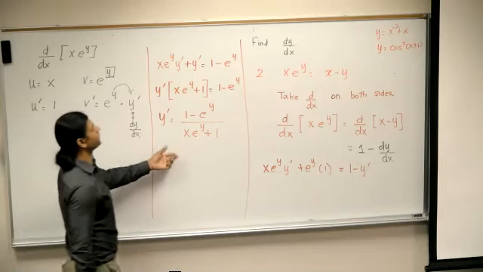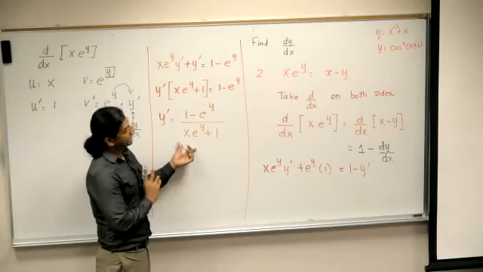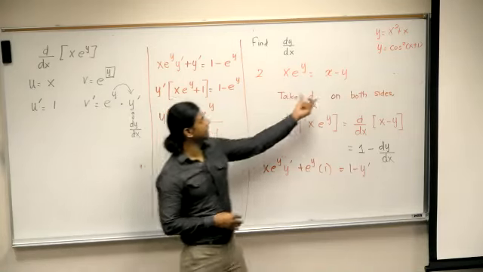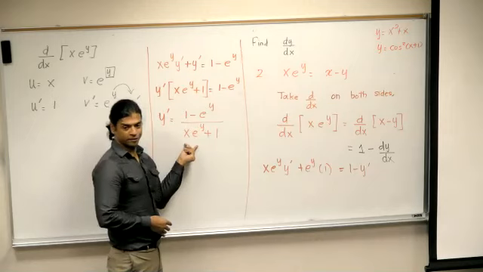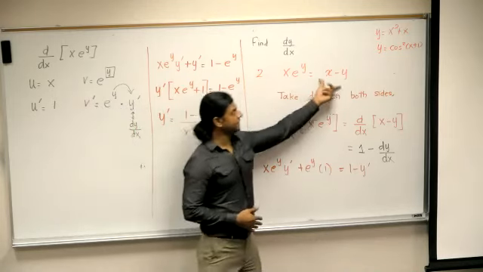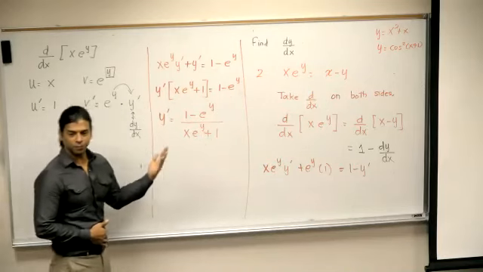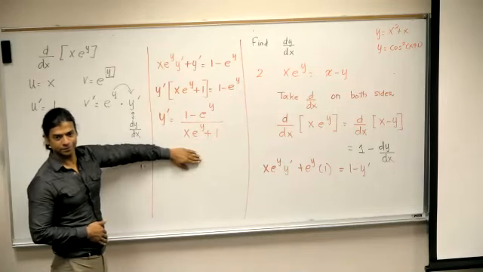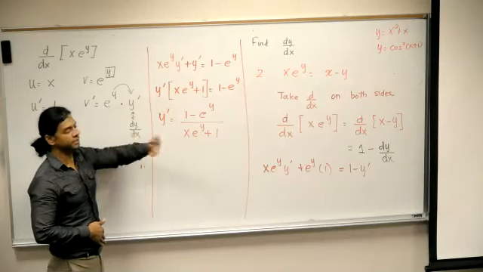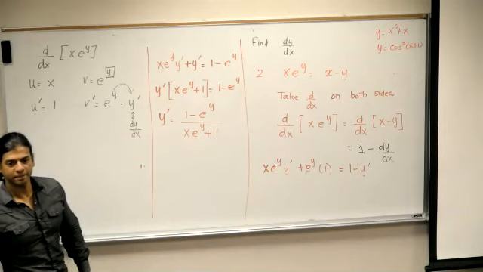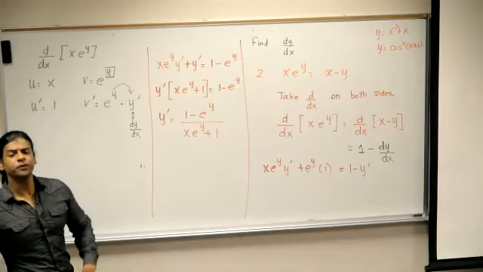Because this one, possibly I can't rewrite, right? I can rewrite this part as x minus y over here. Solve for e raised y, write it in terms of x minus y. But I'm not correct. So I wouldn't go past this.